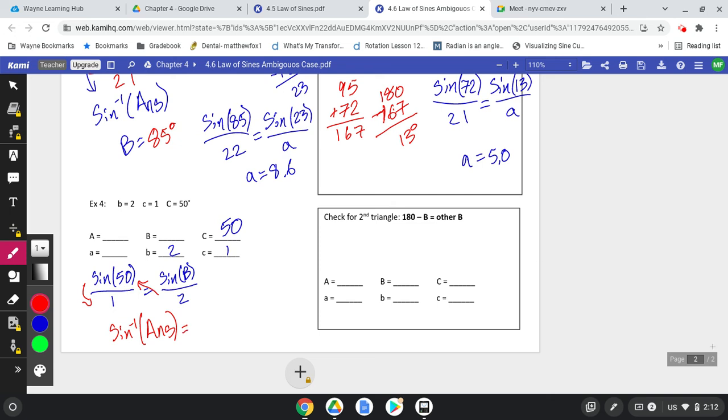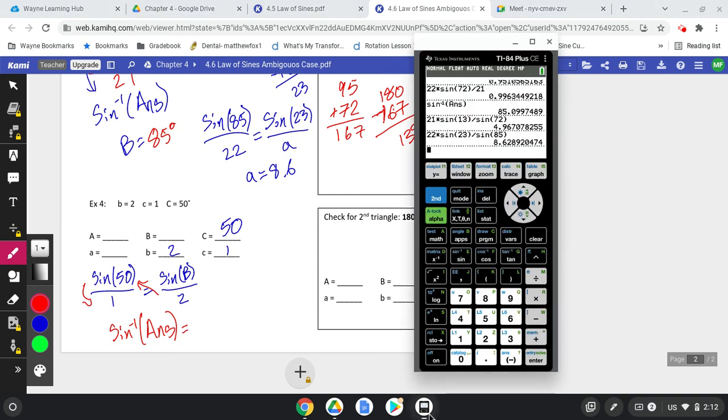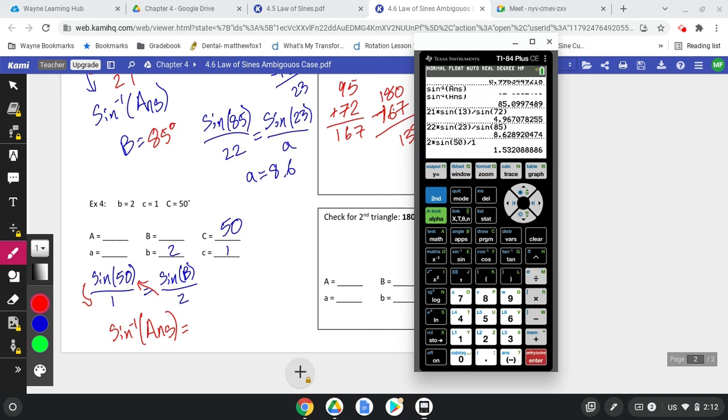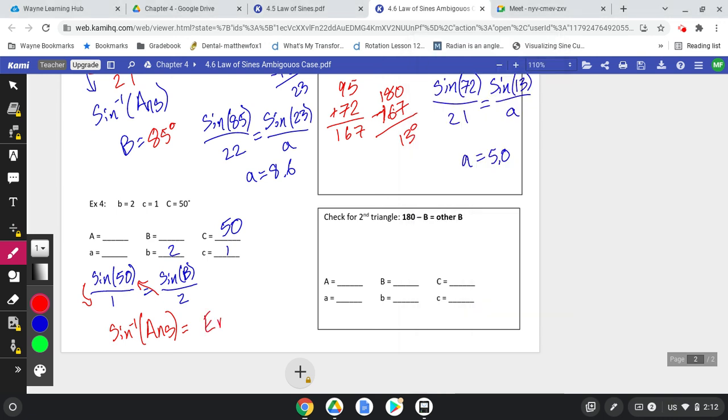So we do this. 2 times the sine of 50 divided by 1. Then take second sine and second answer. And we get an error. So hopefully you remember that means error. That means there is no triangle.